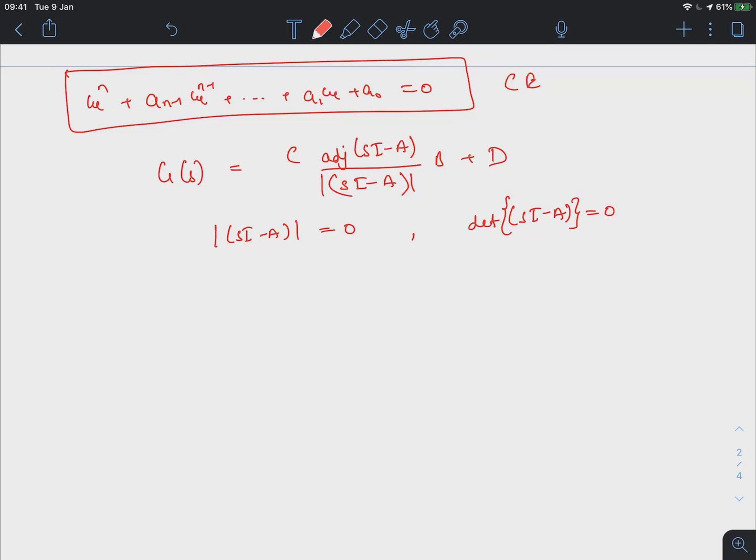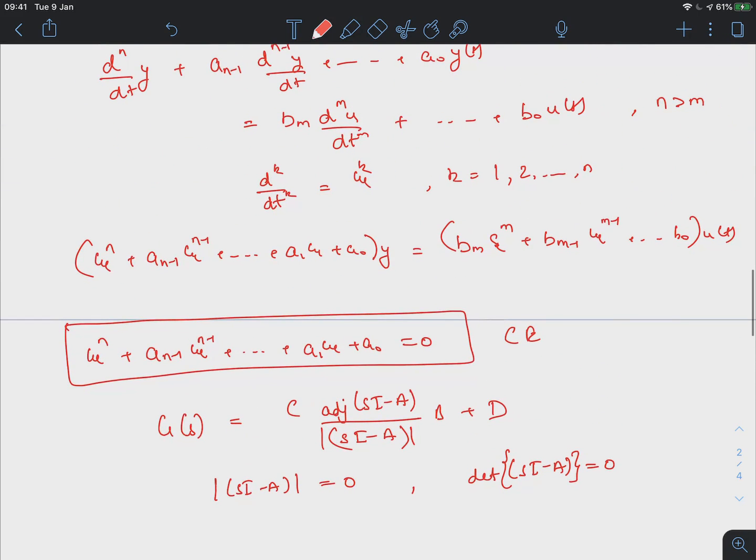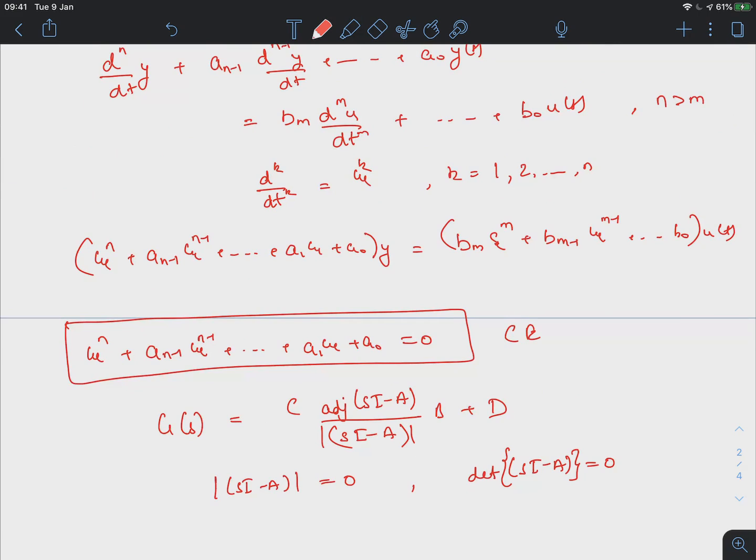Okay, now the roots of the transfer function we have defined as the poles, and here if I compute the roots of this characteristic equation, we call them the eigenvalues.